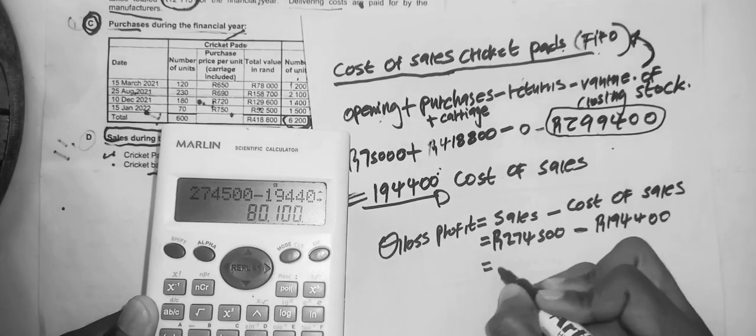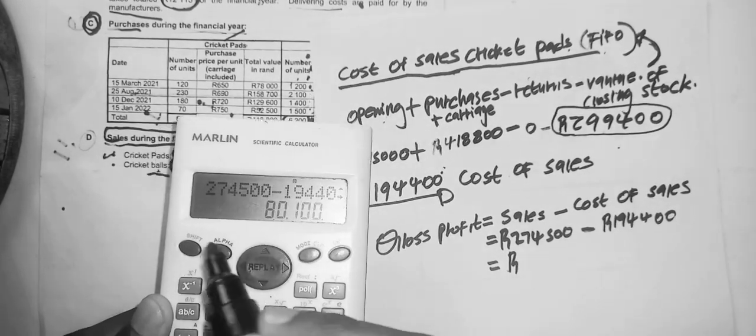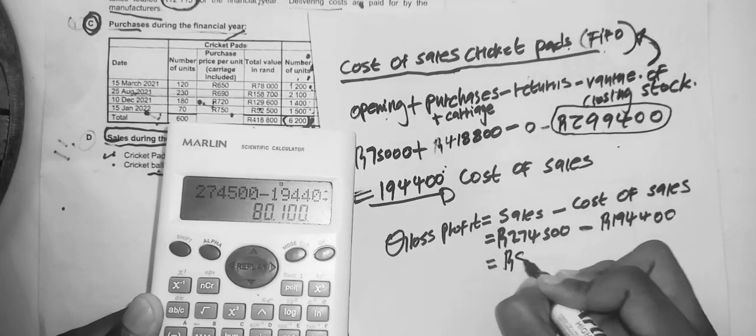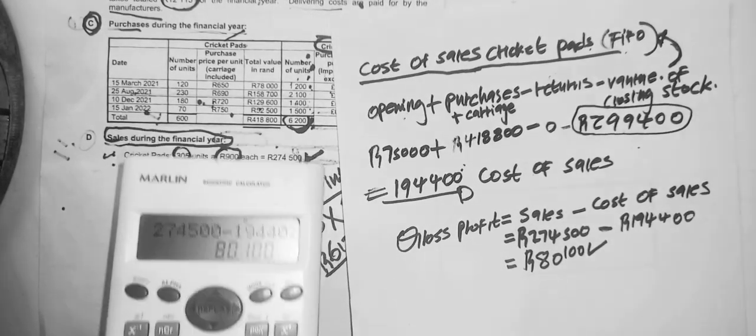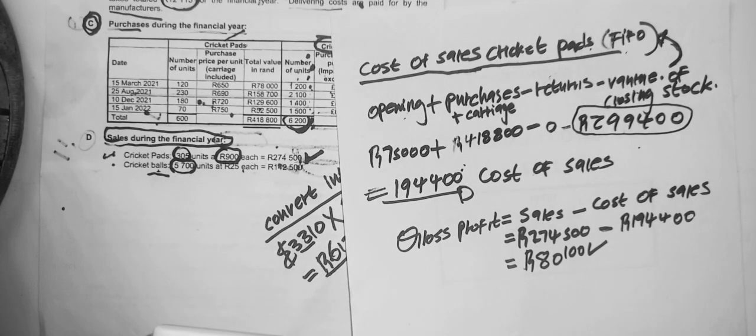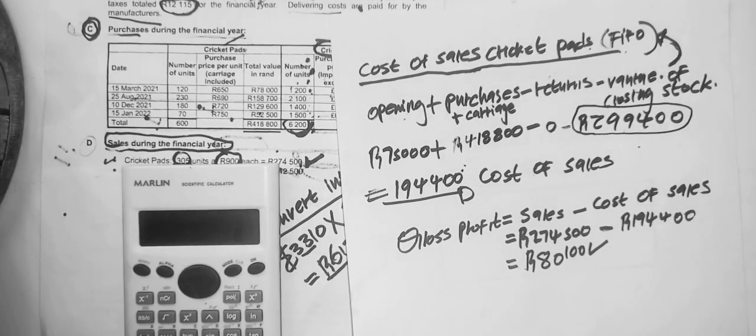Then we get a gross profit of 80,100. You are done, guys. Just like that. Take it slow. Repeat the video again if you do not understand.